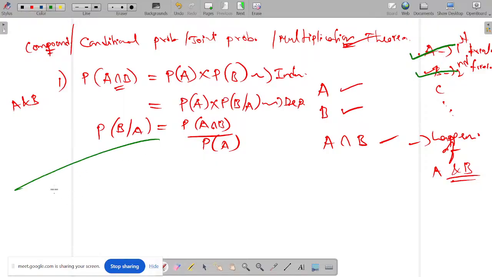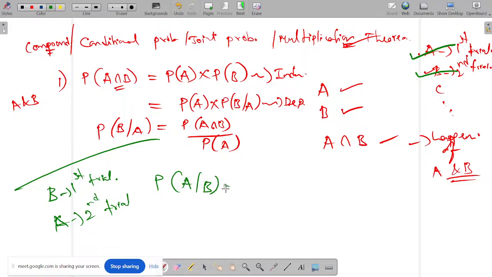In case B first draws the ball, B's trial is the first trial and A then comes and draws the ball. So A is the second trial now. Then I will be talking about P of A given B. Right? What has to happen first is B. So A given B is equal to, the denominator has to be P of B. Numerator actually has to be P of B intersection A. But A intersection B and B intersection A are the same.